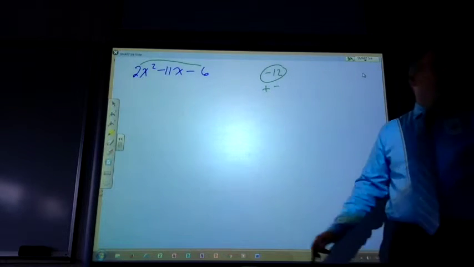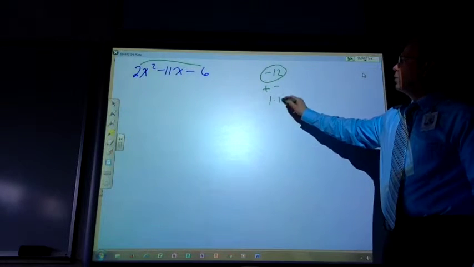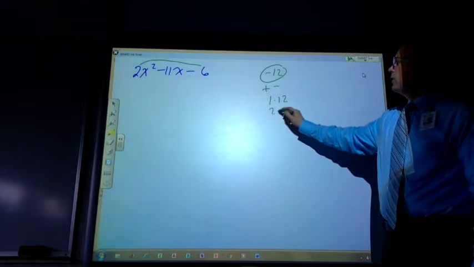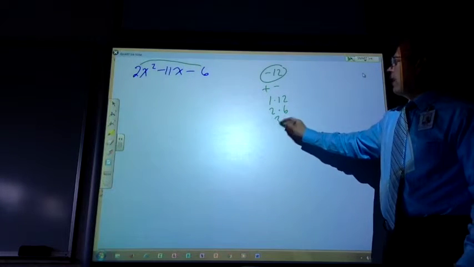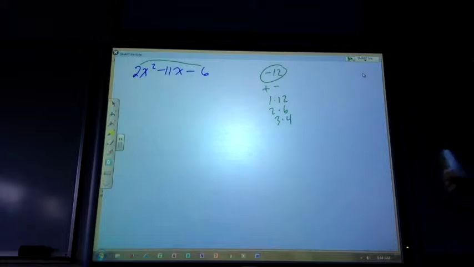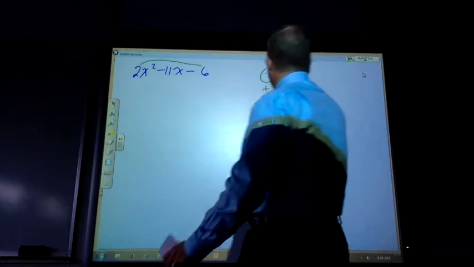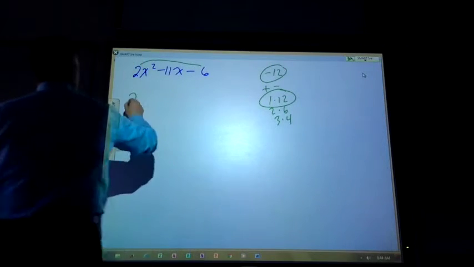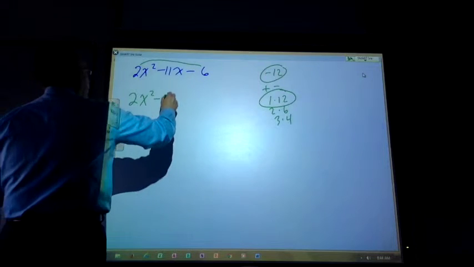Factors of 12. 1 and 12 and 2 and 6 and 3 and 4. Excellent. Okay. Garvey. I'm going to have positive and negative terms. So which pair of those numbers would work that would add to -11? 1 and 12. Which one of them would have to be negative in order for it to work? The 12.